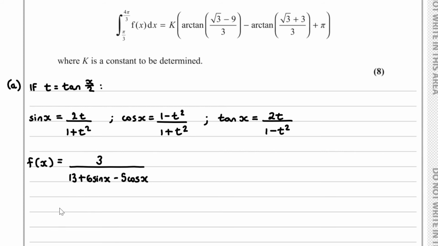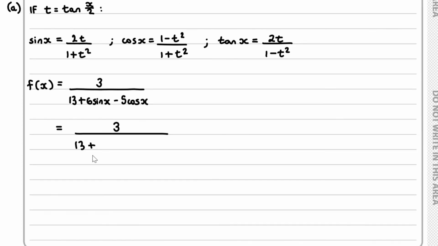So if we replace as necessary, we have 3 over 13 + 6 lots of sin x, which is 2t over 1 + t², and then we have minus 5 lots of cos x, and cos x is the same as (1 − t²) over (1 + t²).